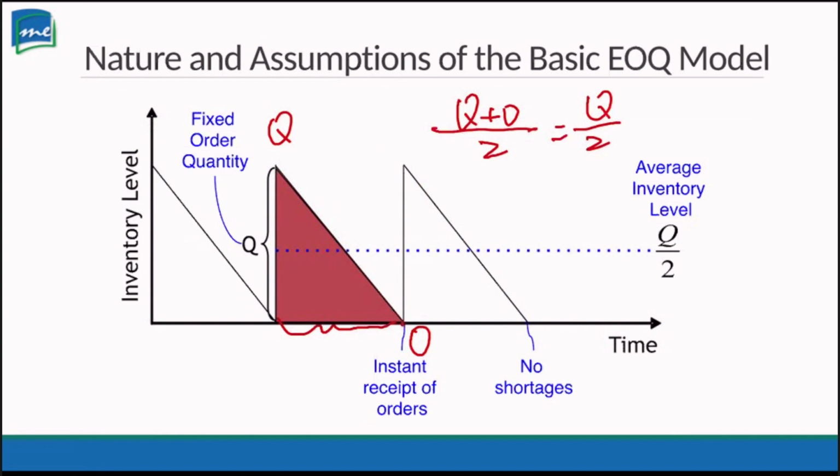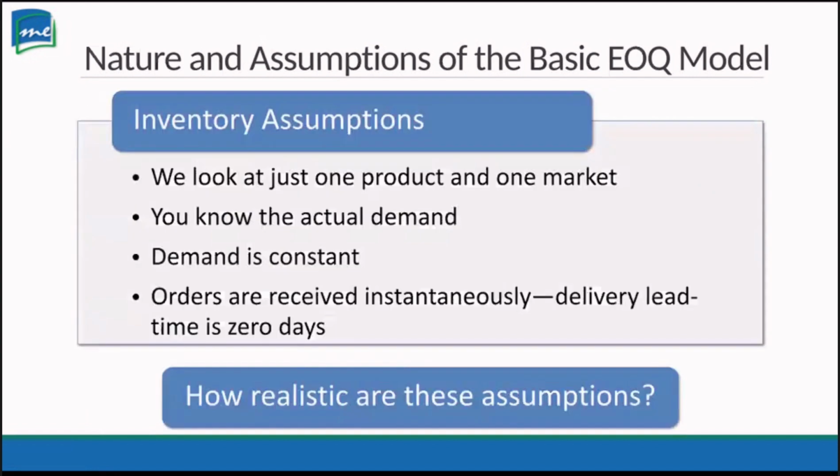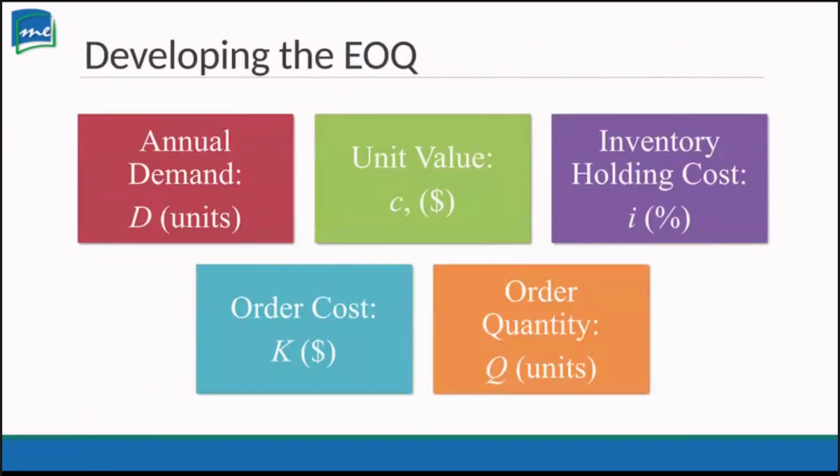Now let's translate our assumptions into a simple mathematical model that we can use to find the optimal quantity for a given situation. For a basic EOQ model, we consider the following notations. We use a big D to represent the annual demand, and we use a small c to represent the unit value, so what is the value per unit.